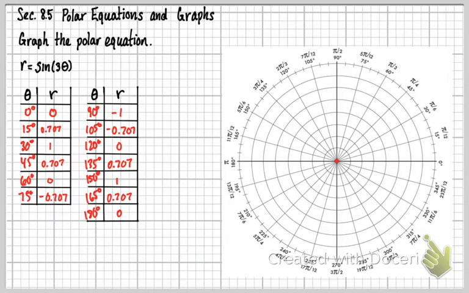So I made 1 the furthest distance out here, and you can see how I broke it down: 0.25, 0.5, 0.75, and then 1. So my first point is 0, 0, okay? Then my next point is going to be at 15 degrees, and that's going to be 0.707.